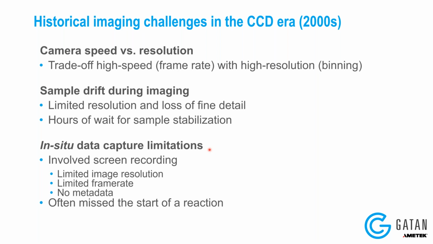And so often there was some workaround involved of doing screen recording of the live view of the camera, or some other mechanism to try to improve the frame rate of your data, often at the cost of affecting the kind of image resolution that you could have, or completely throwing away the metadata coming from the camera because you were just recording a screen that had none of that information. And so these were really three big problems that came about practically from the fact that we were using the best at the time, but still a slow CCD-based sensor.